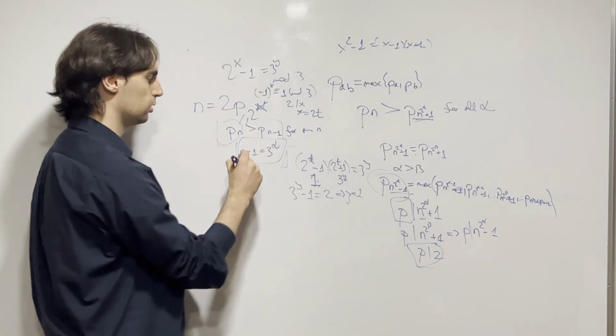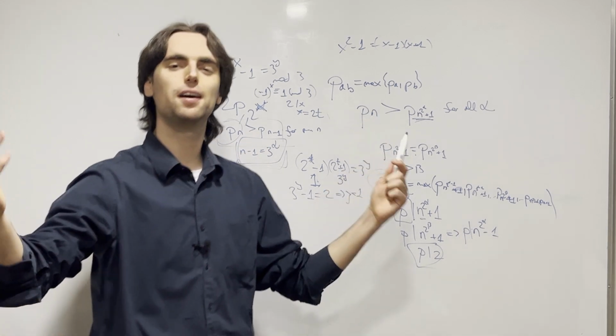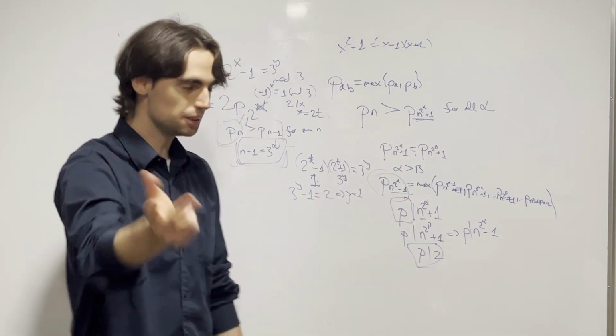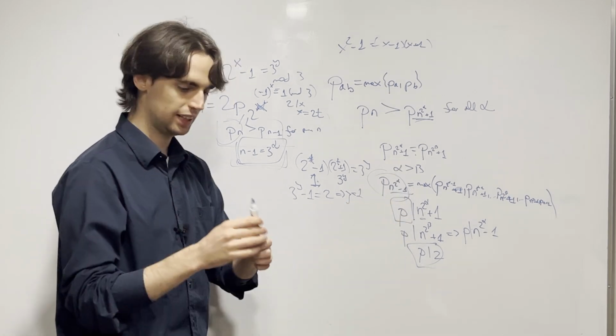When you set n minus 1 to be 3 to the alpha for some huge alpha, you'll get the initial n, which is even. Beautiful. And then this doesn't happen.